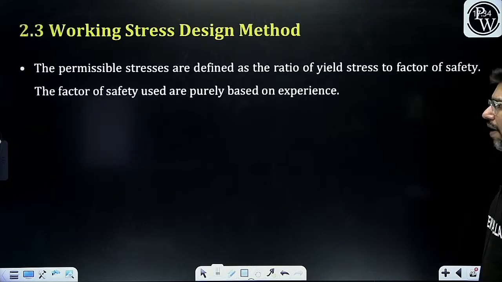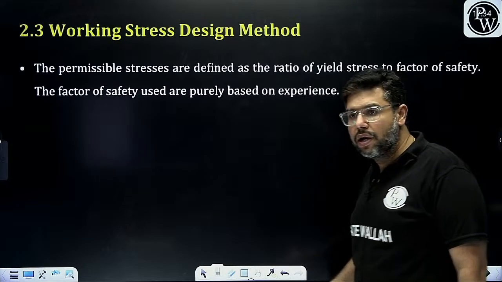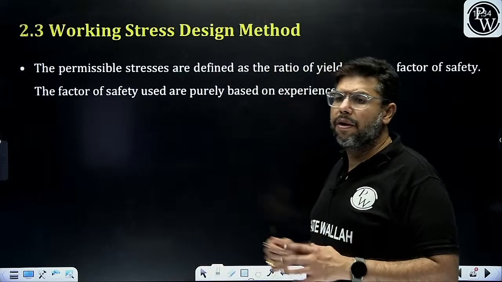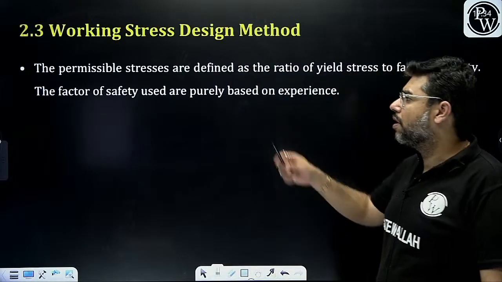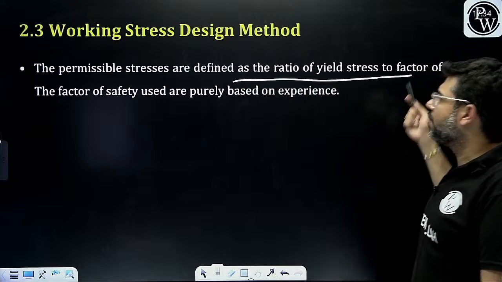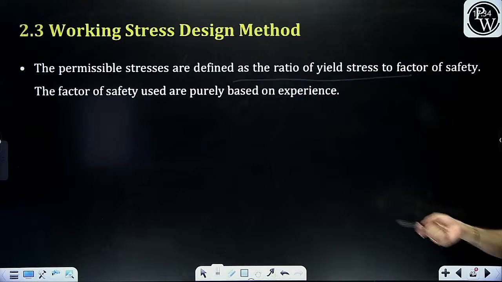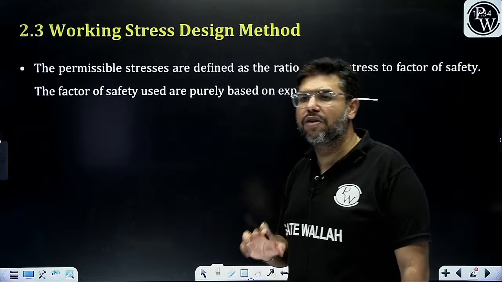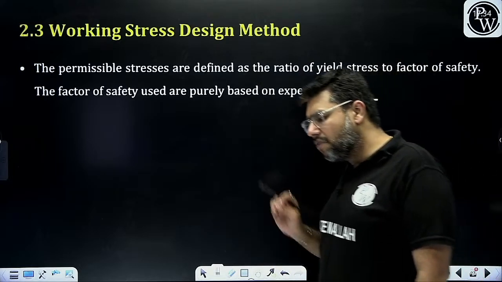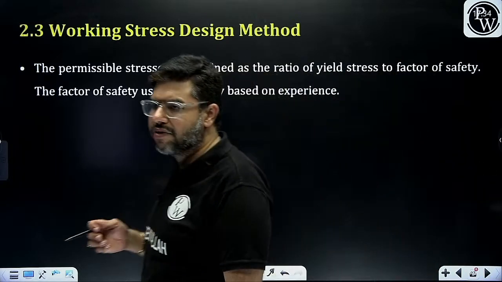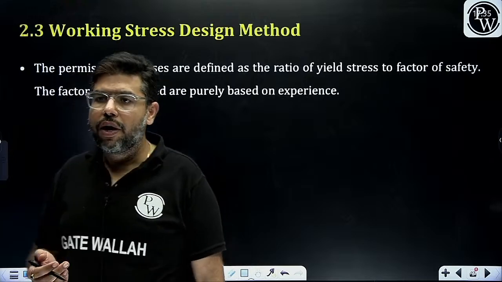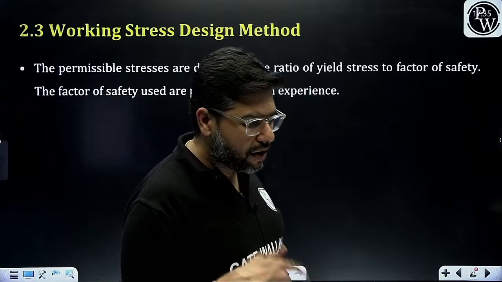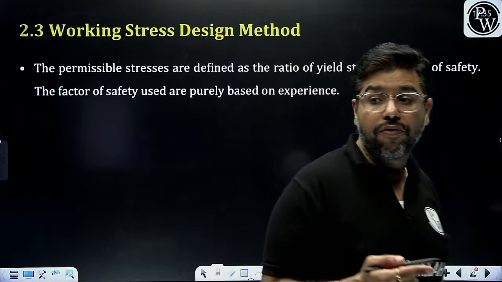And moreover, the factor of safety that you are using here is based out of experience. There is no mathematical basis for computing this factor of safety. The permissible stresses are defined as a ratio of yield stress to factor of safety, and the factor of safety that you are using here is based on experience. See, in the steel we have two codes that you understand, IS 800 1984 and IS 800 2007. 2007 is the revision year of the code.